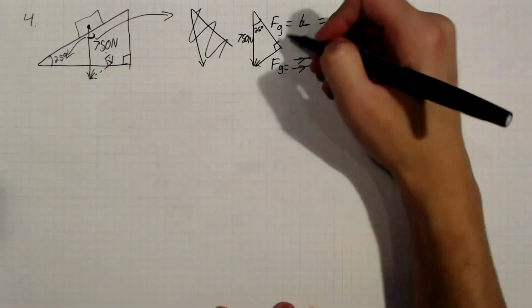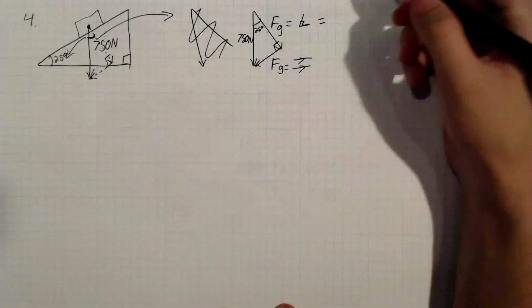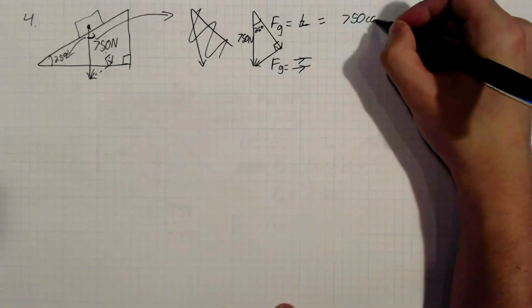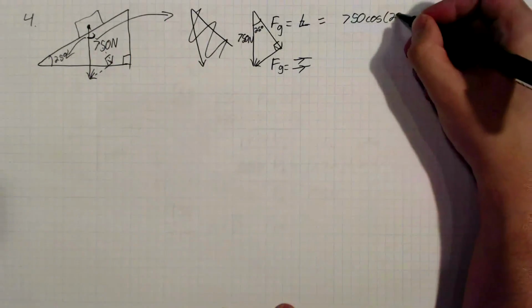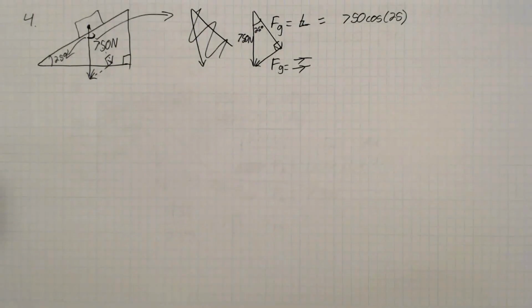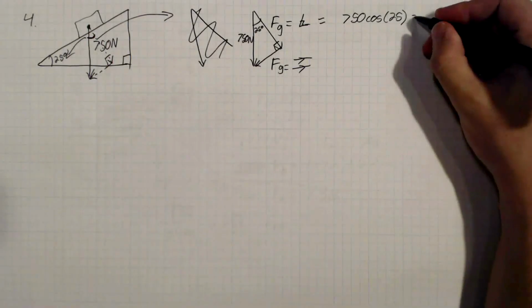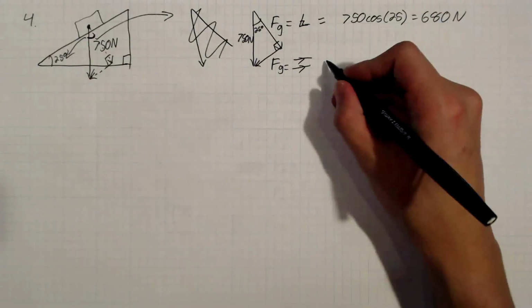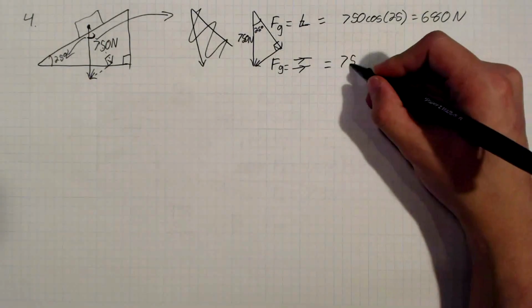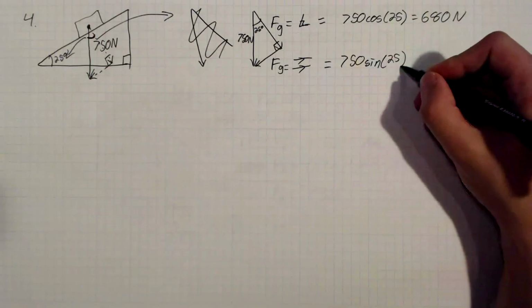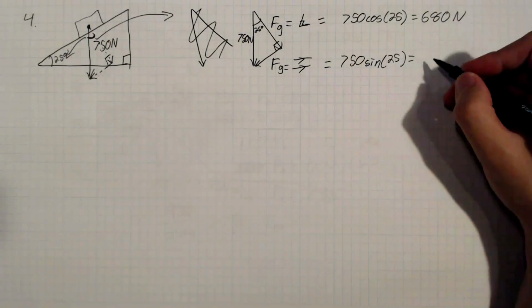The force of gravity perpendicular to the ramp is going to be 750 cosine 25, which is going to be equal to 680 newtons. And then the force of gravity parallel to the ramp is going to be 750 sine 25 degrees, which is going to be 317 newtons.